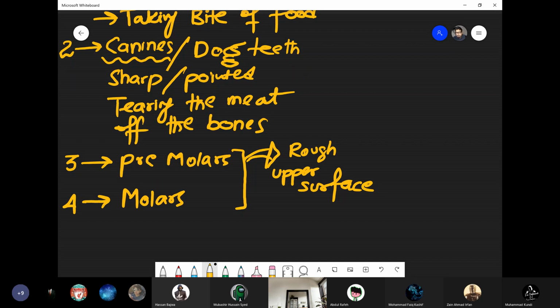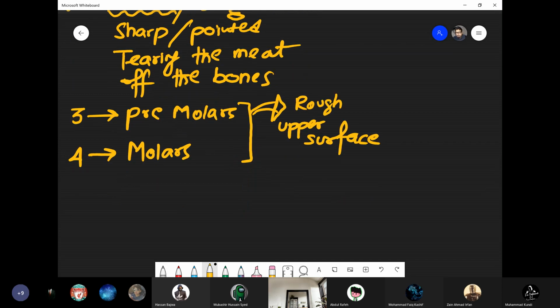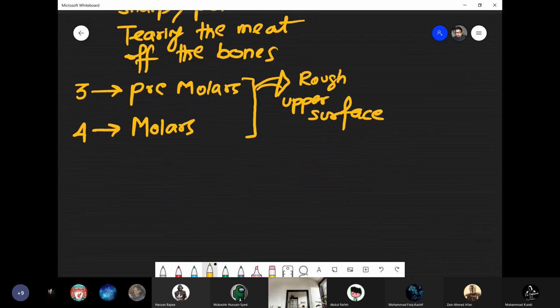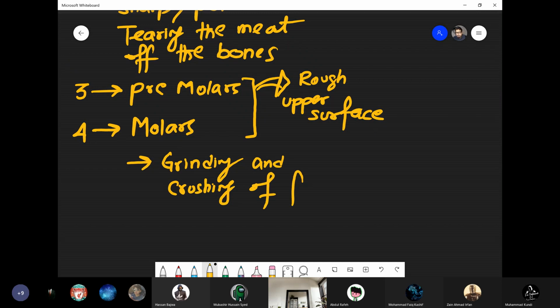Now, boys, these rough upper surface teeth, their job is that they help in grinding and crushing of food.